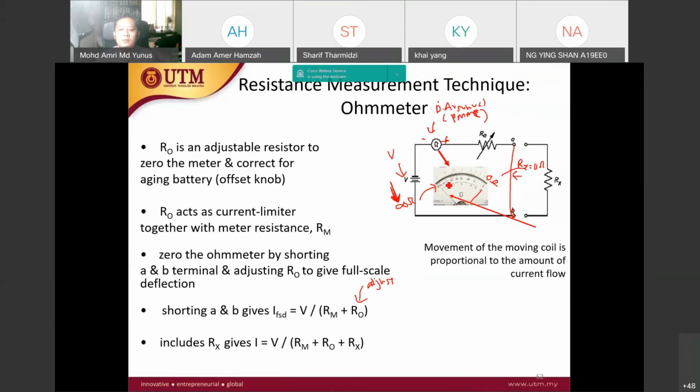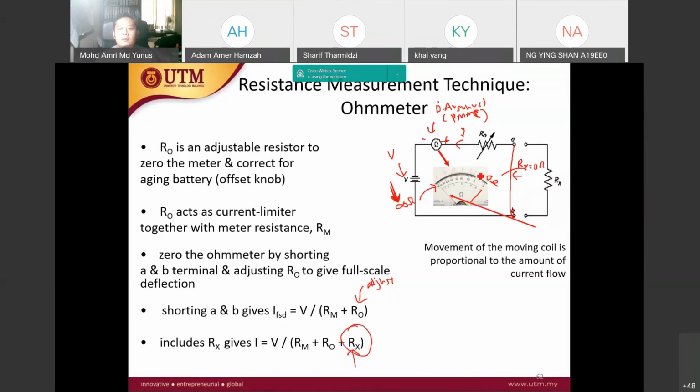When there is no current I, no deflection, the equivalent resistance is infinity. When we short circuit, resistance is 0. Then when we connect a resistor with a value that we don't know and want to measure, the current I will depend on Rm plus Ro plus Rx.